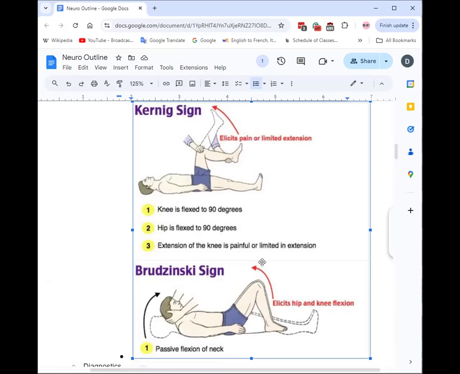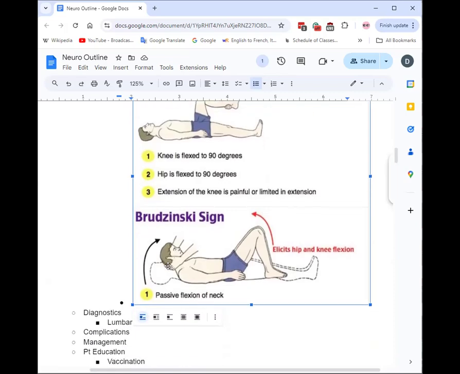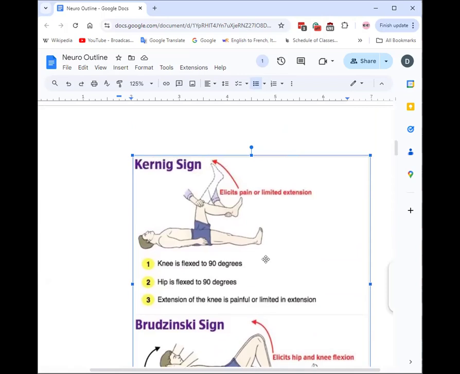With Brudzinski's sign, you do a passive flexion of the neck, like it says here, and it causes them to flex their hip and knee towards the core. Kernig's is a sign of meningeal irritation and swelling, meningitis specifically.